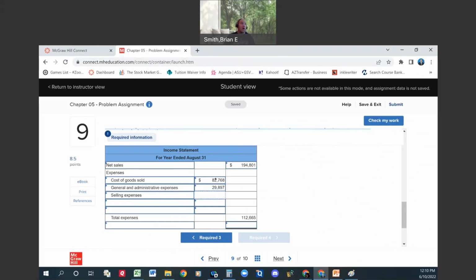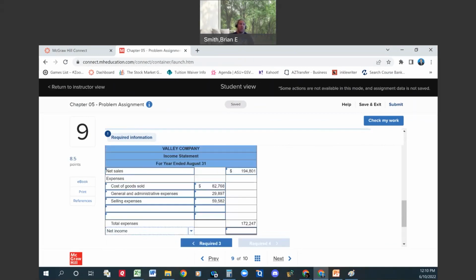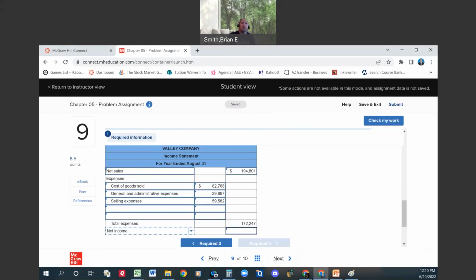I don't know if it's going to cry because I didn't categorize them in the same way as we did last time, but that's going to be grasping at straws if that's the case. 194,801 minus 172,247 should have gotten the same thing. 22,554, that is 22,554. Let's check our work. We should be good to go.